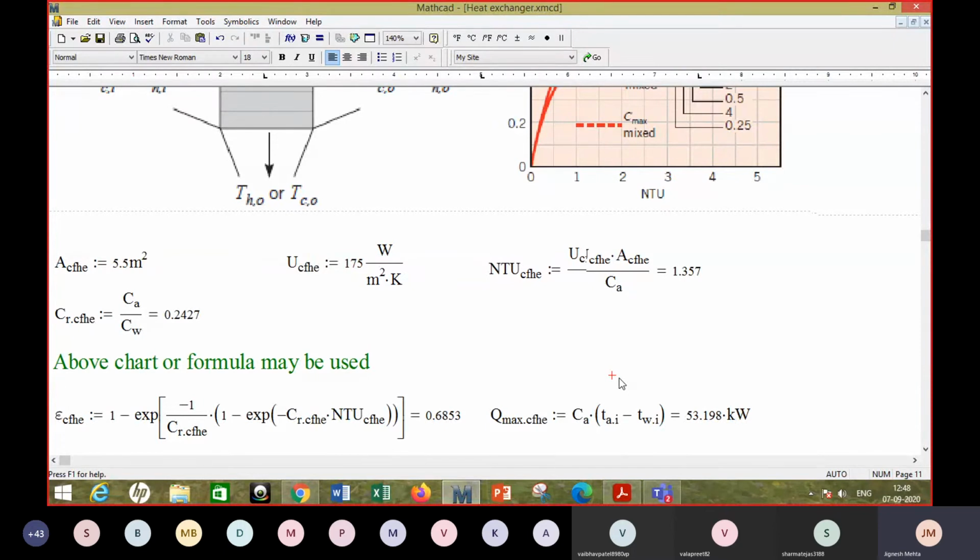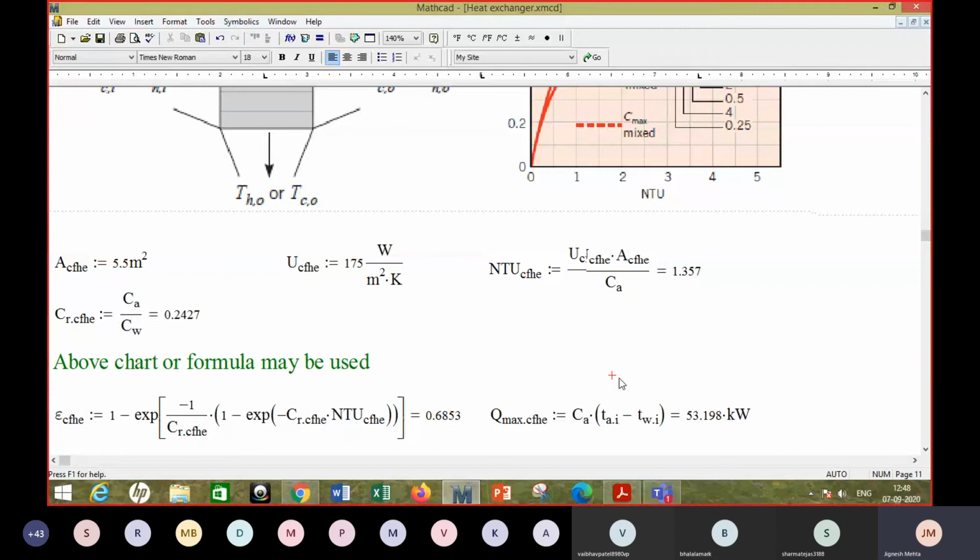Because outlet temperatures are not available. You will be able to get them only after getting the actual heat transfer rate and then using the energy balance. That is Q equal to mCp delta T for both the fluids, which may be found after getting the actual heat transfer rate.